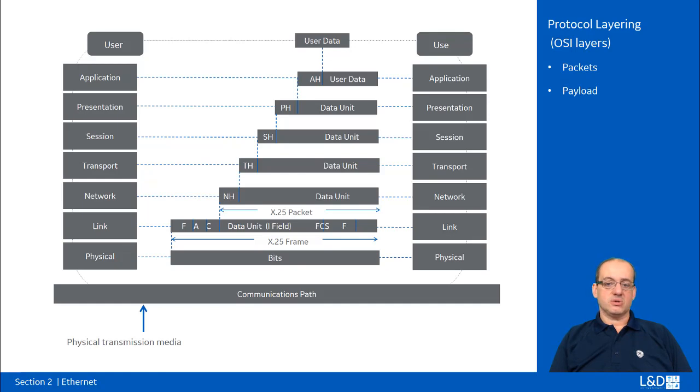Each layer has its own specific functionality where it would add to the message and then pass the packet to the next layer all the way to the physical layer. That's where the transmission will take place.